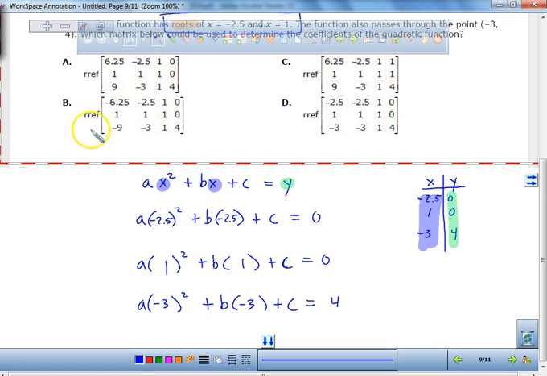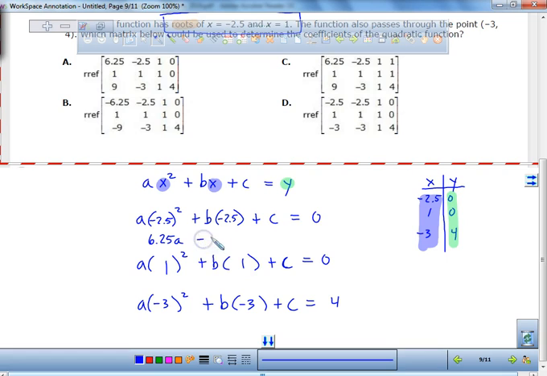So what I want you guys to do is I want you guys to come up with one of these answers. Okay? Does anybody feel comfortable telling me what they got right here for the first one? What's negative 2.5 times negative 2.5? Positive 6.25a. All right?